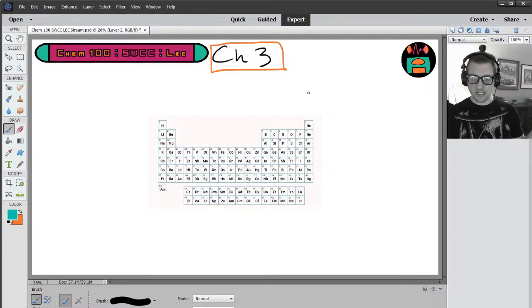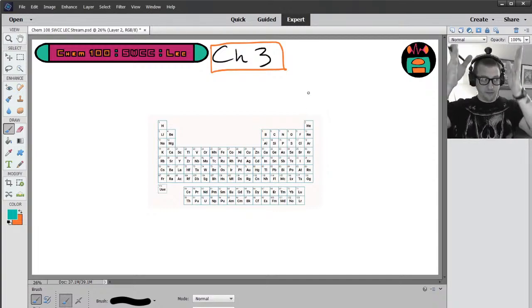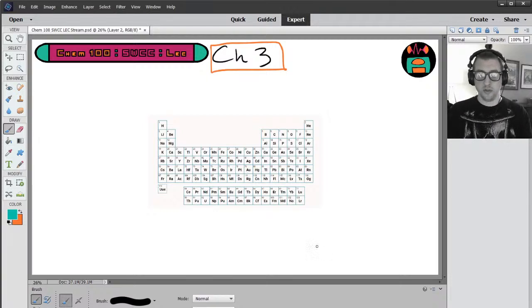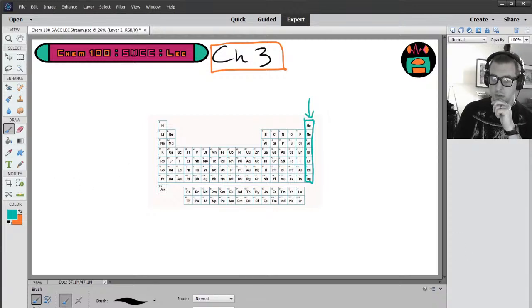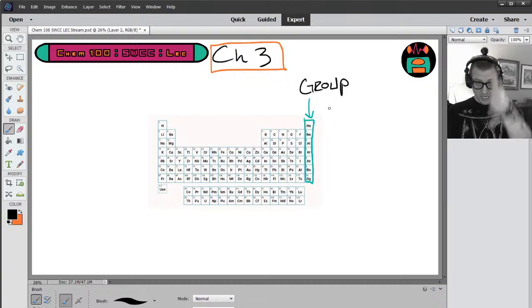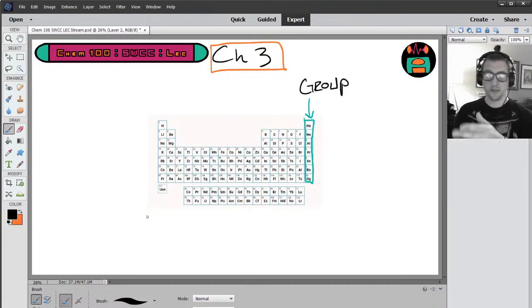The periodic table is a square grid, right? There's the vertical and the horizontal components, the vertical columns, the horizontal rows. Now, every column on the periodic table is called a group. So when we refer to groups of the periodic table, we're talking about specific columns.